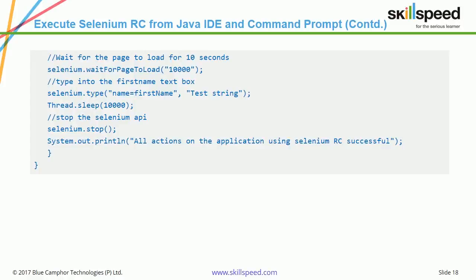We are then printing all actions on the application using Selenium RC successful, and we are closing the program. So once we execute this program, it will open us the Firefox browser, in which it will open the newtools.demoaut.com website. It will click on the register link and it will type the test string into the first name text box in the window that opened.